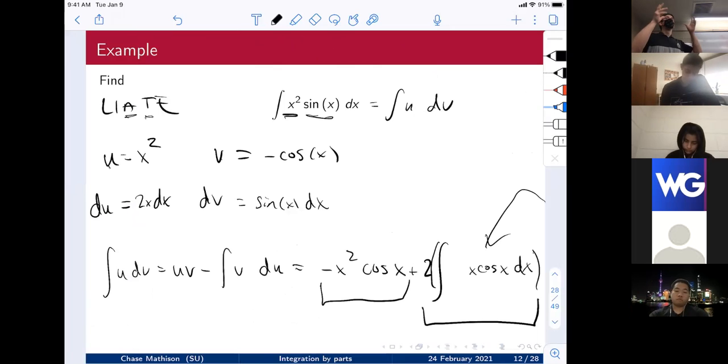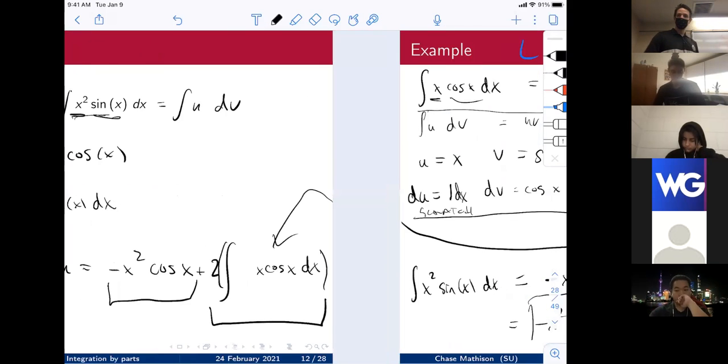It's called tabular integration, and it involves making a big table and then you just do some cross multiplying. It's much easier than to keep writing out integration by parts and integration by parts and so on. Okay. But integration by parts did give us a way to evaluate an integral that we would have had 0 chance of evaluating before. Okay.